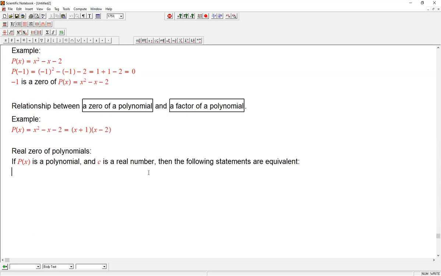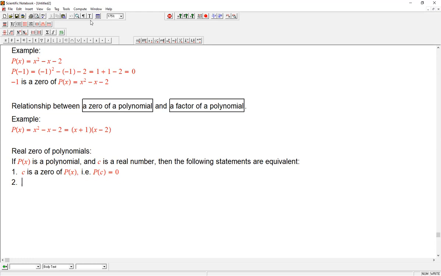The first one: C is a zero of the polynomial P of X. That is, P of C is equal to 0.